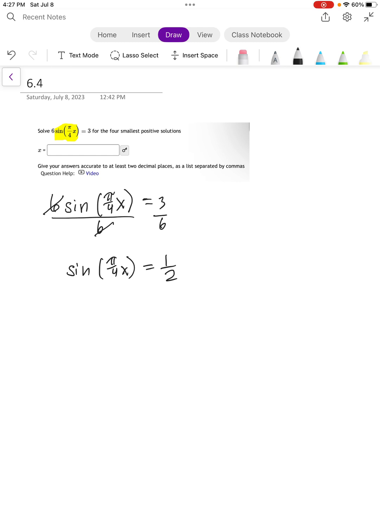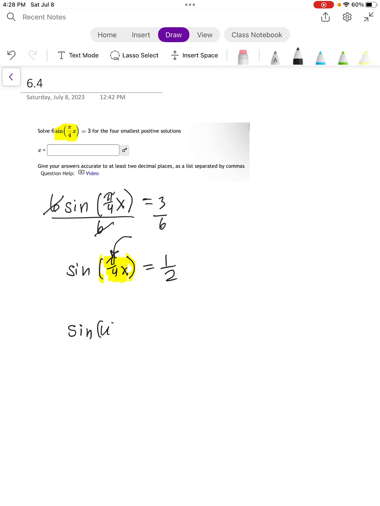Now what we do is a u substitution, because this part on the inside of the parentheses is called the argument of the sine function. It is the input of the sine function, and when we solve a trig equation, it's a way of simplifying the problem so that it's easier to solve.